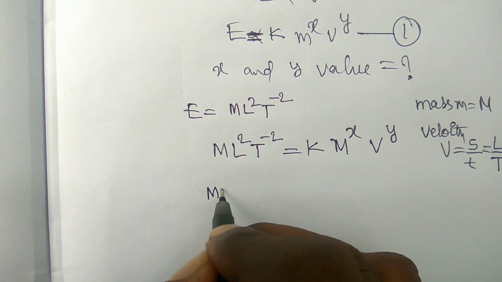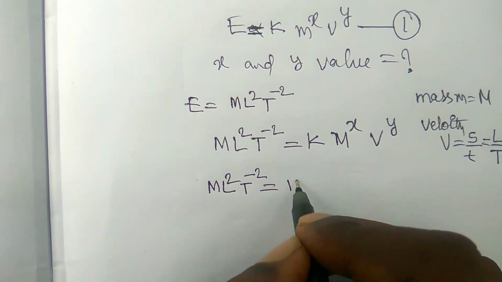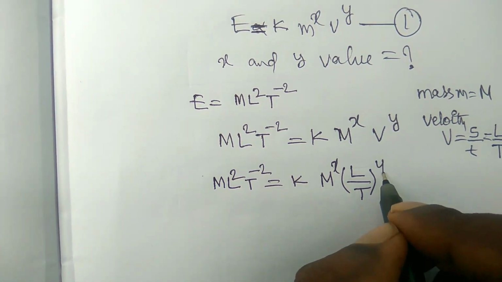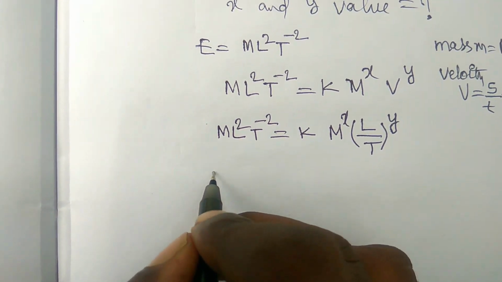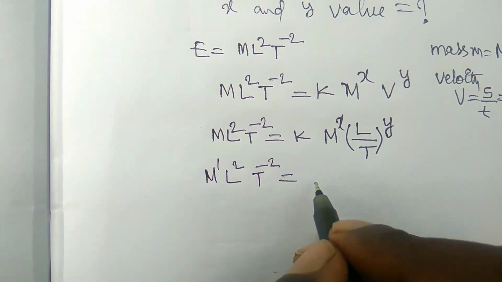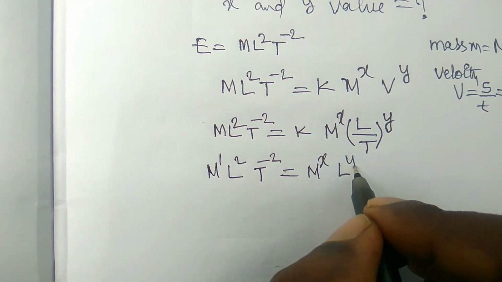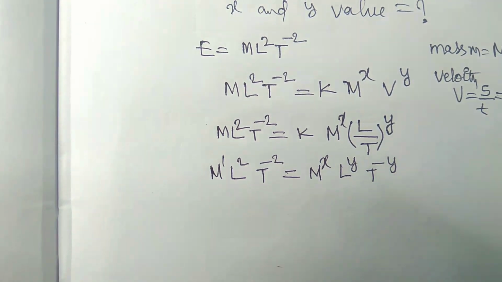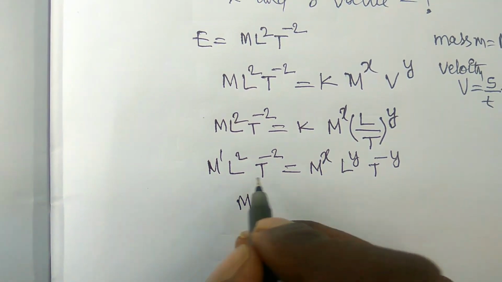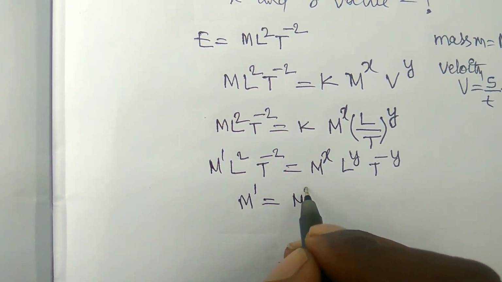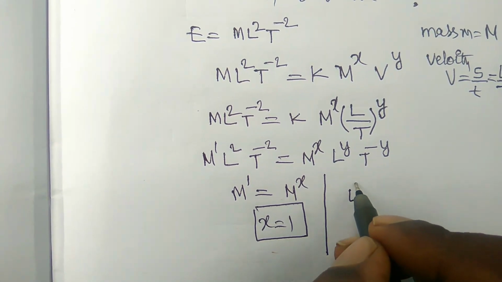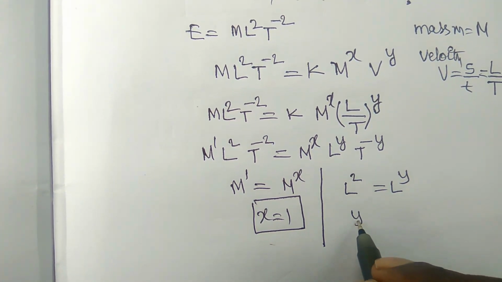So we write ML²T^(-2) = k · m^x · (L/t)^y. Simply, M^1 L^2 T^(-2) = M^x L^y T^(-y), the constant being omitted. By comparison, M^1 = M^x, so x = 1. Similarly, L^2 = L^y, so y = 2.